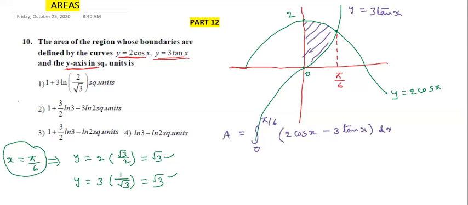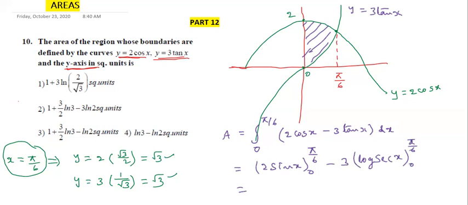Now apply the integration. Integration of cos x is sin x, with limit 0 to pi by 6, minus 3 into integration of tan x, which is log secant x, limit 0 to pi by 6.